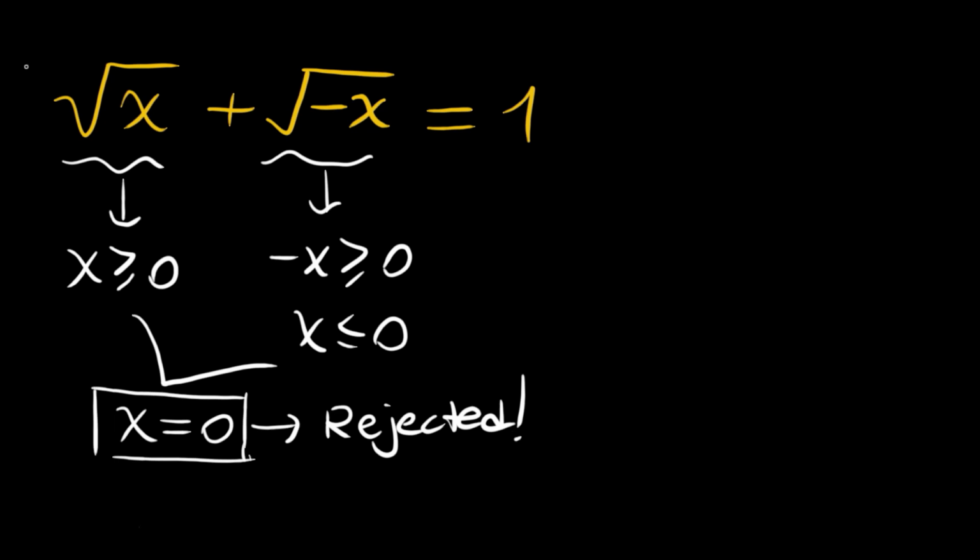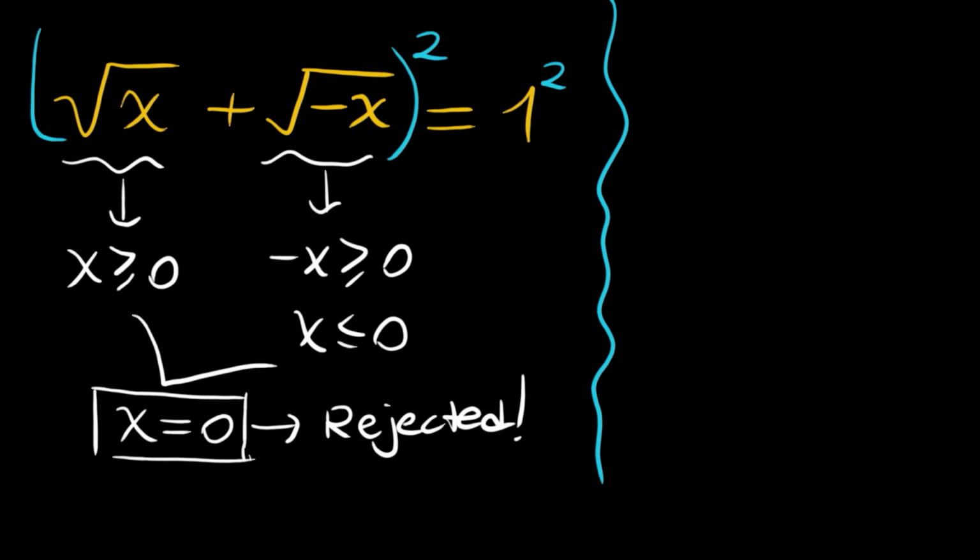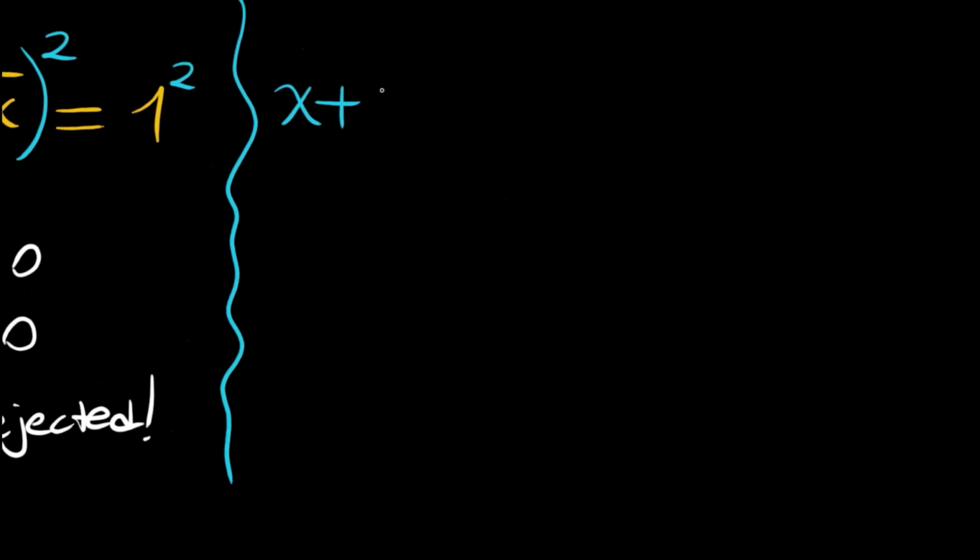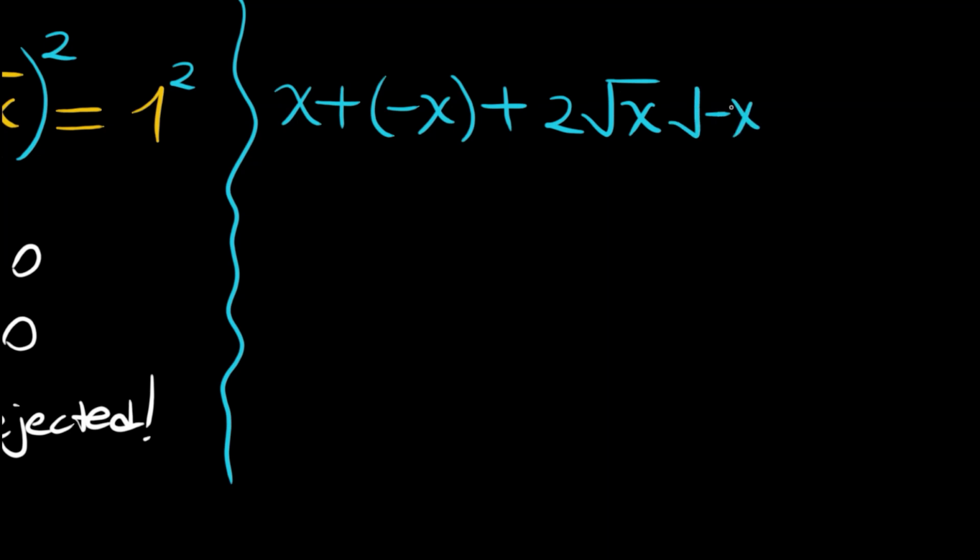Now squaring both sides, we will have the square of the square root of x, which is x, plus the square of the square root of negative x, which is negative x, and the multiplication of 2 times root x times root negative x is equal to 1 squared, which is 1.